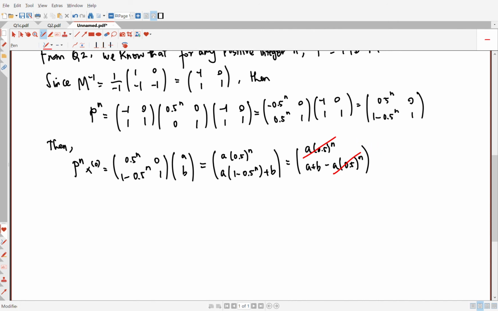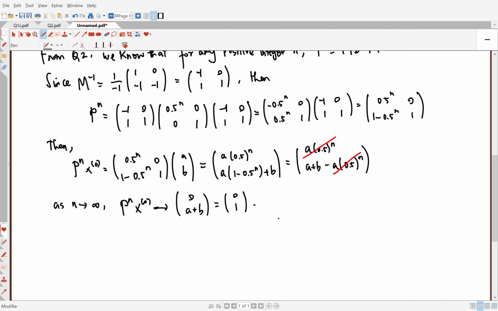So as n tends to infinity, P to the power of n x0 tends to (0, a plus b), but a plus b is 1. So as n tends to infinity, this will tend to (0, 1).